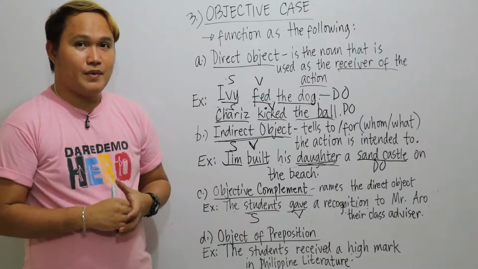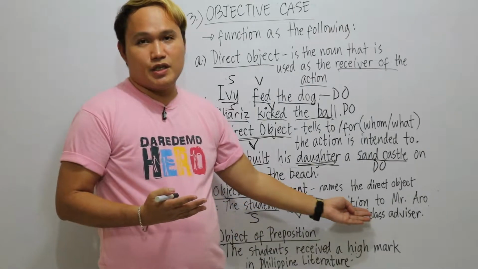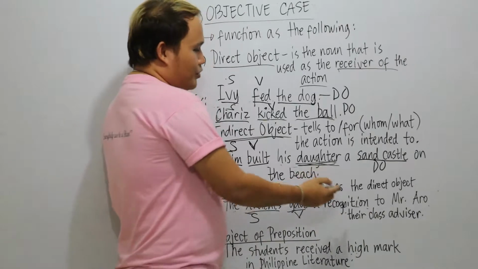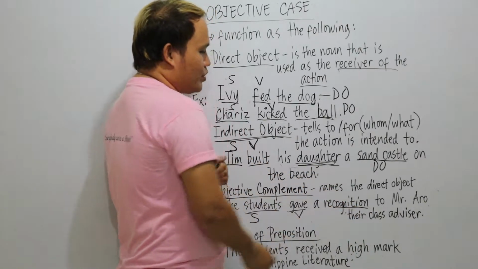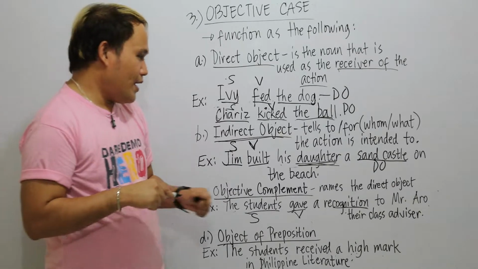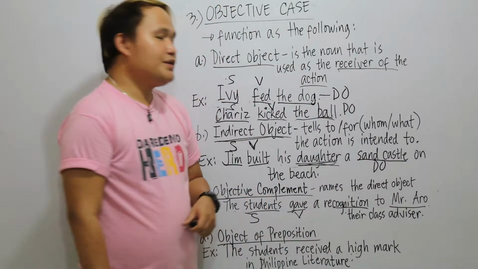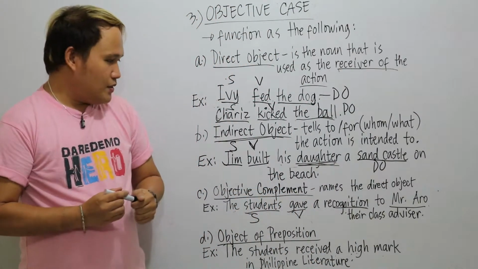Could be. So the students gave a recognition. A recognition here could be a direct object. But you know what? There's another direct object: Mr. Arrow is also our direct object.